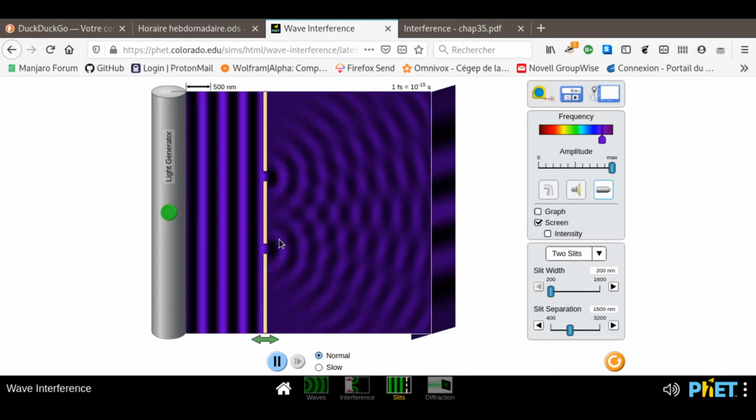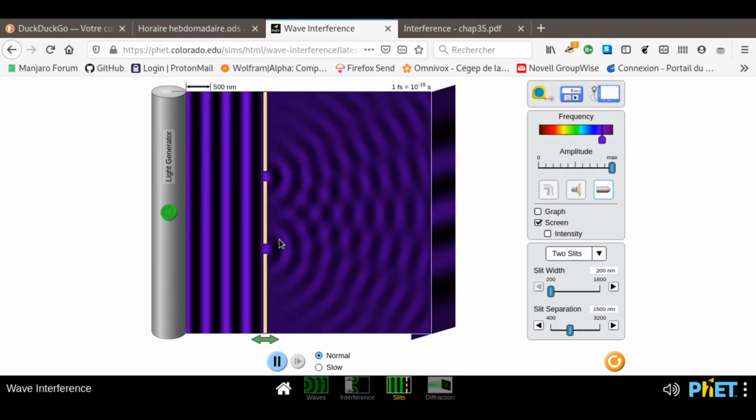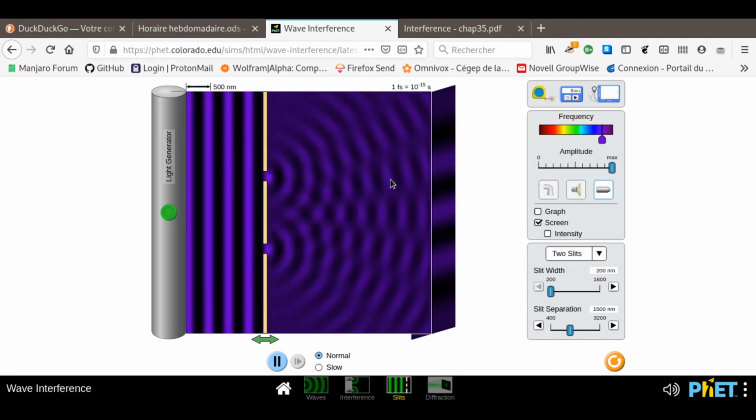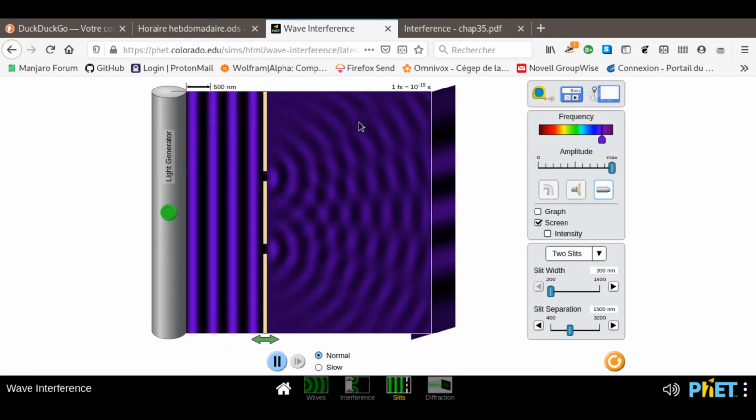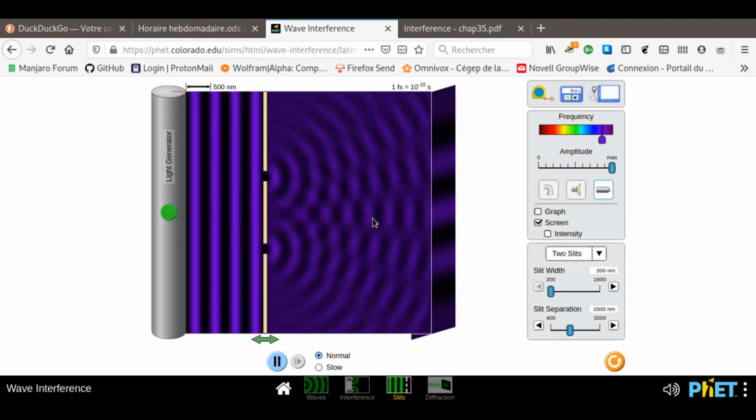Through the addition of the two waves being emitted by these, we'll have a zone in which we have constructive interference, destructive, constructive, destructive, constructive, destructive, and so on. And if you take a look a little bit more to the right, here this was a constructive interference.